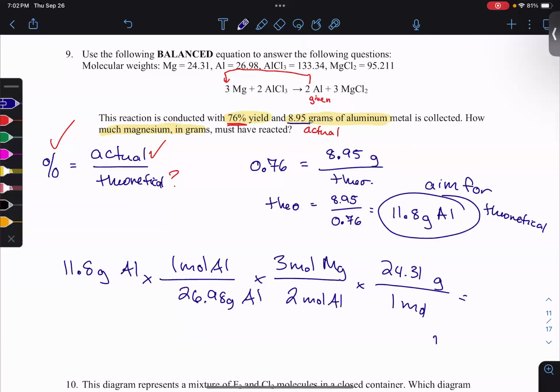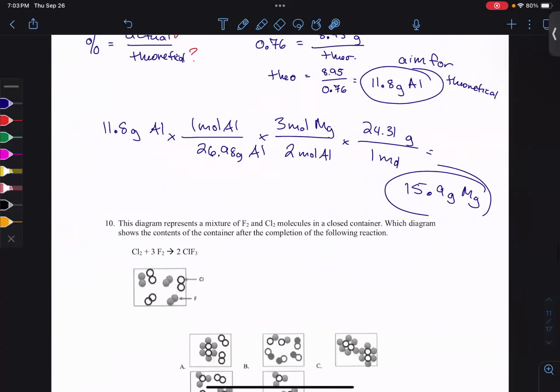And then your answer: you had to have put 15.9 grams of magnesium in that reaction vessel at the beginning to achieve 11.8 grams of aluminum. But since you're only capable of collecting 76% of it, you're able to land at about 9 grams that you actually collected.